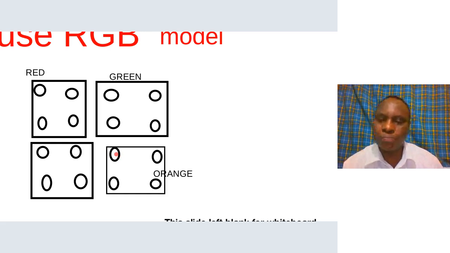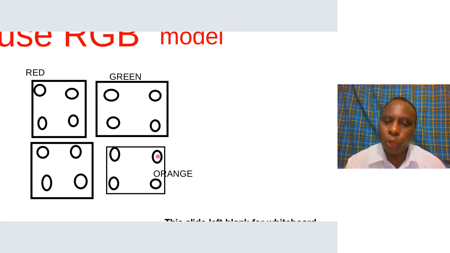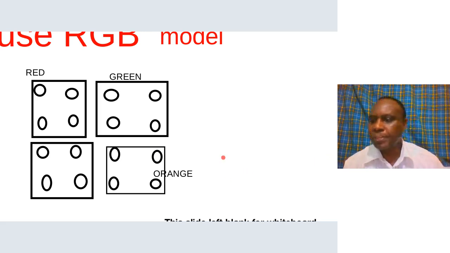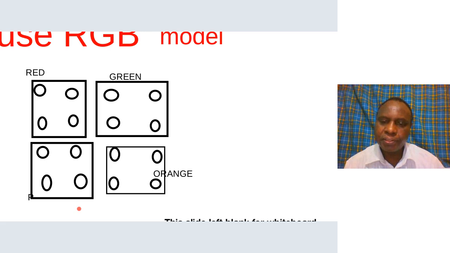We are assuming that each of these circles, which represent the points, the pixels, is coded orange. If each of them is coded orange, then the whole of this space will be orange. For the sake of completing that process, we can also have this one assume a certain color. Let's say this one is purple.